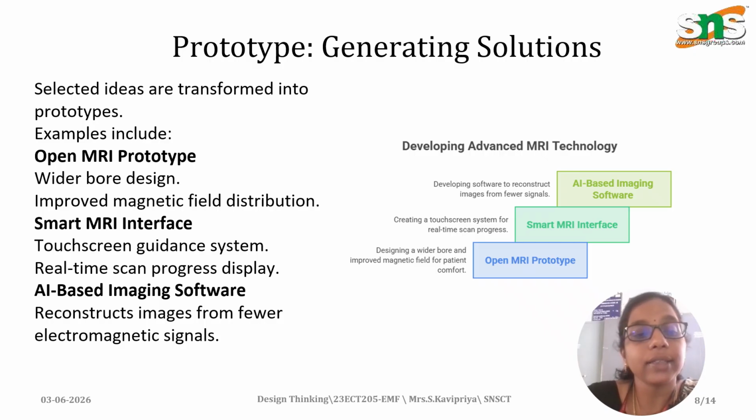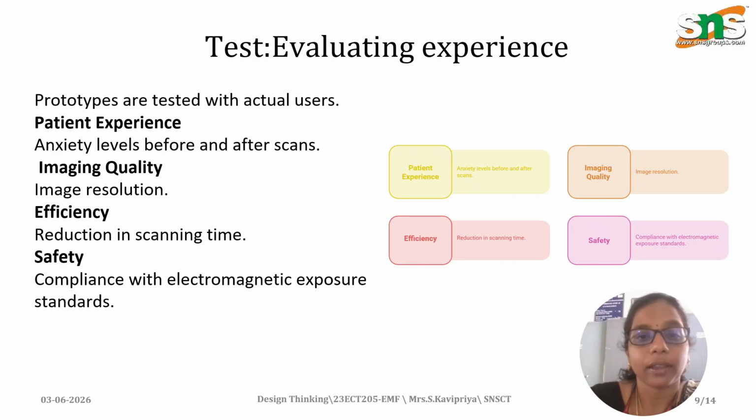Second is a smart MRI interface, where a touchscreen guidance system is provided and real-time scan progress is displayed. Third one is AI based imaging software, which reconstructs the images from fewer electromagnetic signals as well. So there is no need for long duration scanning.